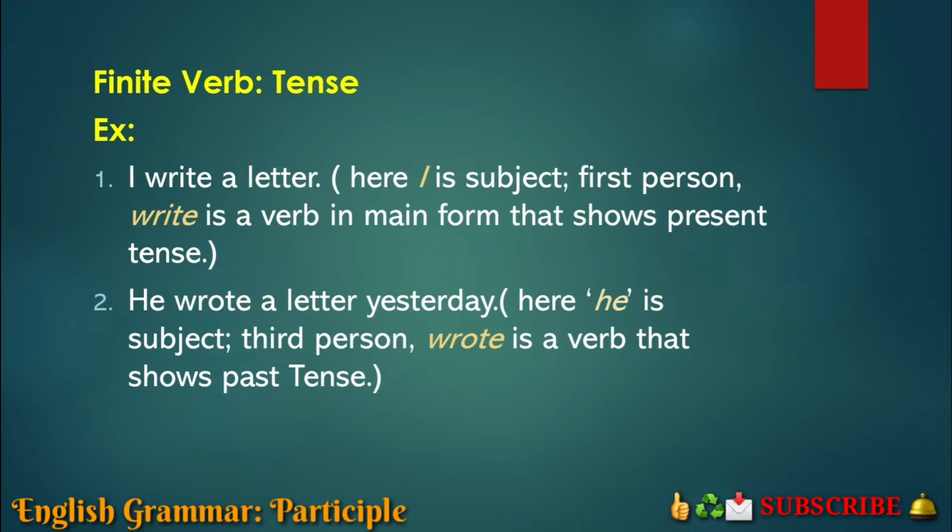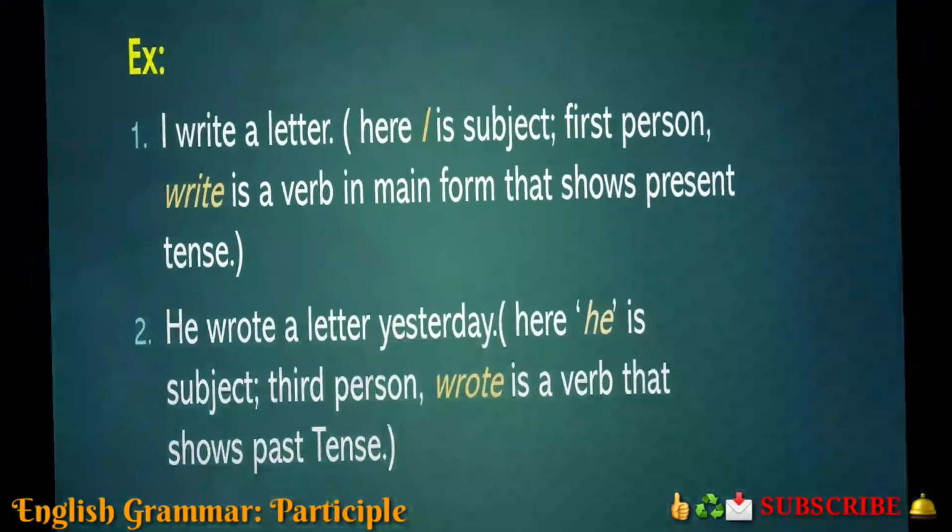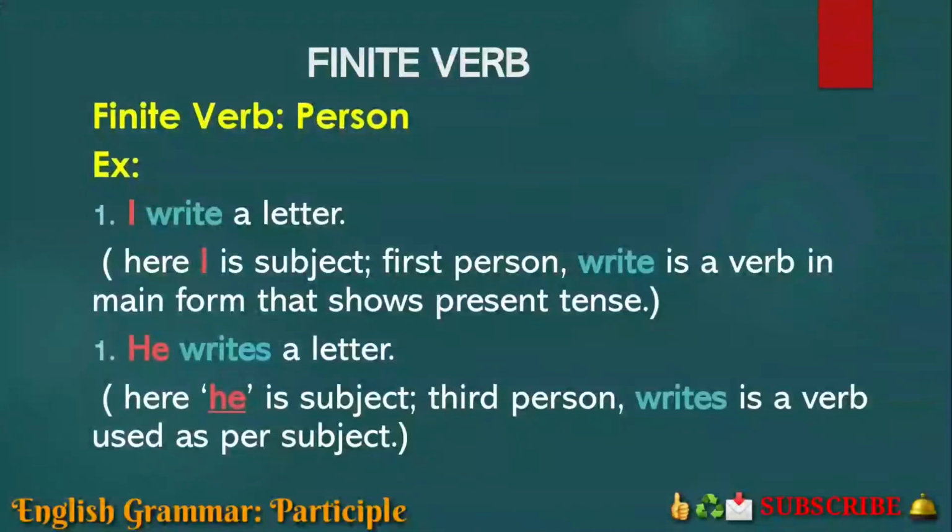Okay students, just now I have told you that finite verb changes according to tense. Now one more example. We shall study that finite verb changes as per person. If person changes, then the verb also changes. First example: I write a letter.